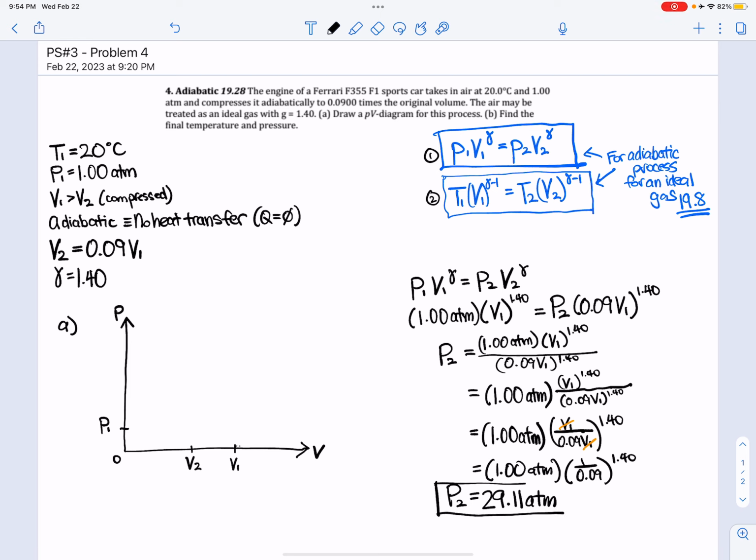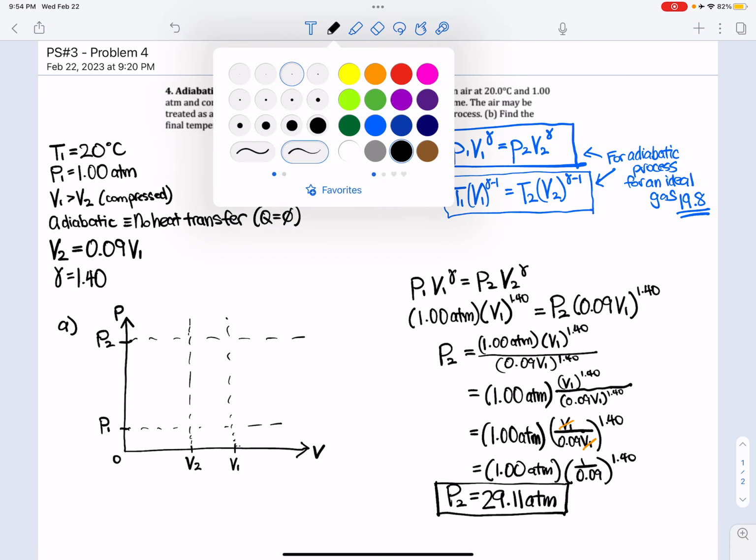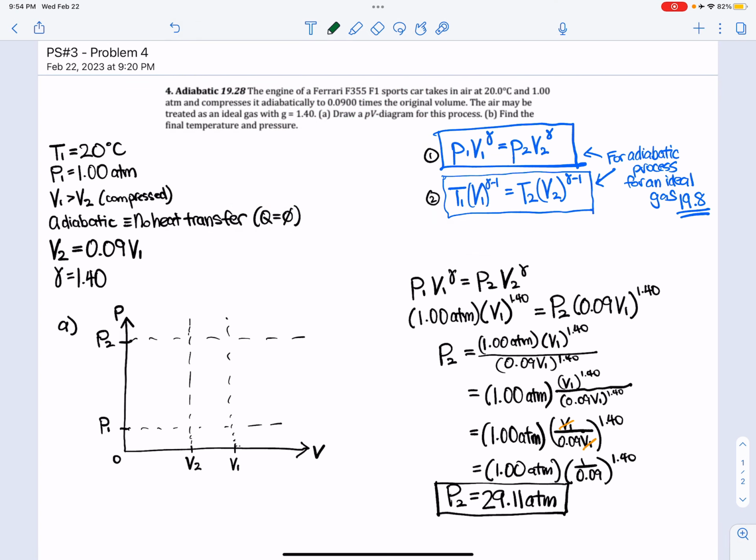Okay, so now I know the value of my final pressure. So P2 will be somewhere here, right? A lot higher than 1 ATM. So let's draw our PV diagram because now we know the value of the initial state and final state. Okay, so my initial state is V1, P1 right here.